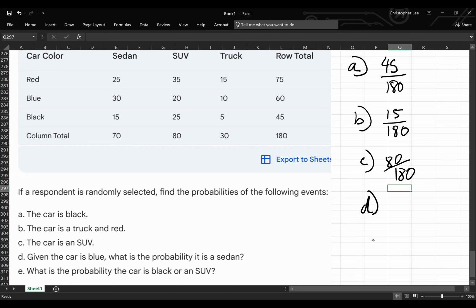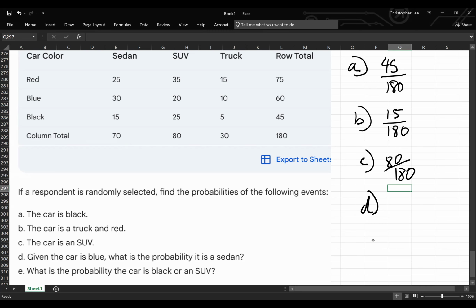For D, it says, given that a car is blue, what's the probability it's a sedan? 30 over 60. If it's a car, it's over 60.